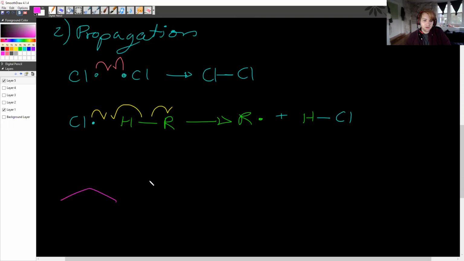What's important to know is that we have 3 possibilities for this propagation step. We can homolytically create a radical on this first carbon. We can create a radical on this middle carbon here.